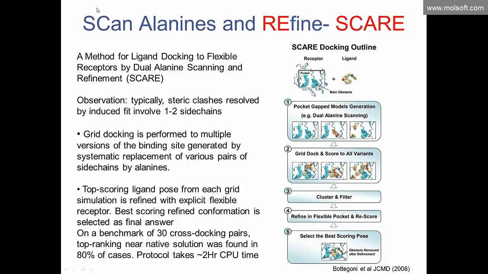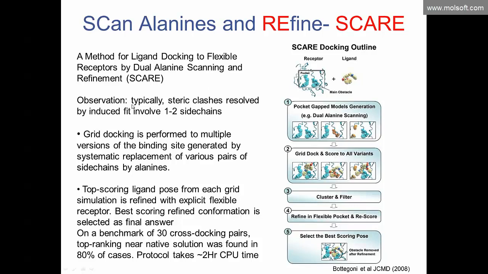It should actually be read SC for scan, alanine, refine, SCARE. This is described by Giovanni Bottegoni, Max Totrov and Ruben Abagyan in their 2008 paper. I can provide that. This is all embedded into the graphical user interface.